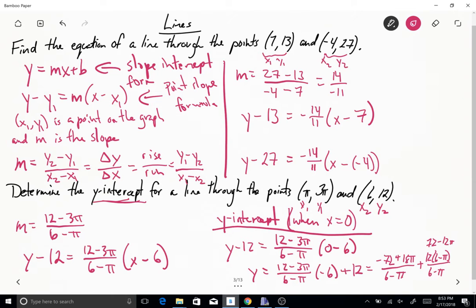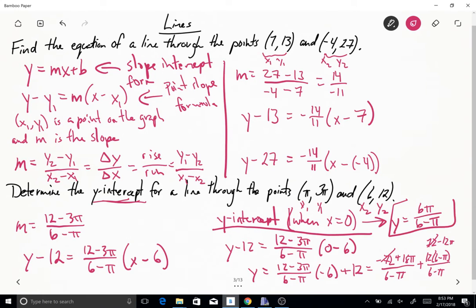Okay, so notice your 72s will cancel, right? And you're left with 18 pi minus 12 pi, so notice that makes 6 pi. So our y-intercept occurs when y equals 6 pi over 6 minus pi.